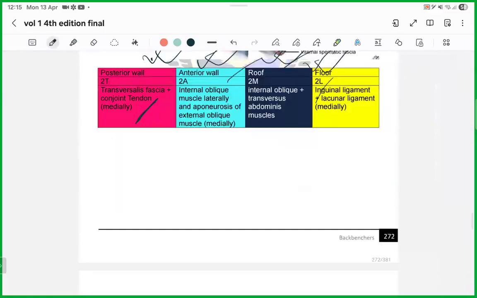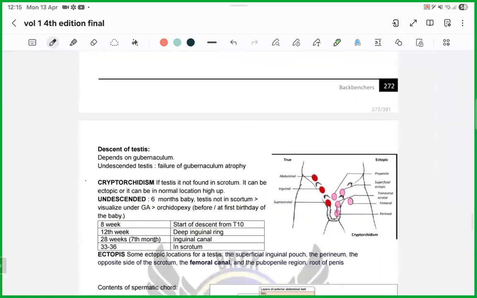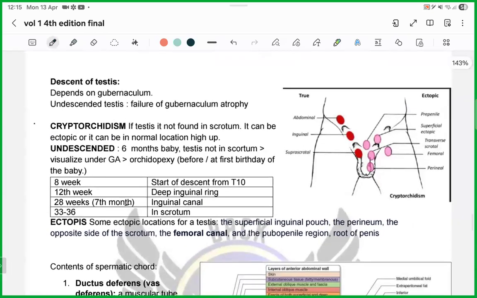That's it. Then descent of the testis. All of these lines are collected from previous questions. That means recalls. So if you do my classes, you don't even have to study the recalls separately. It depends on gubernaculum atrophy, which is not a correct statement according to books.